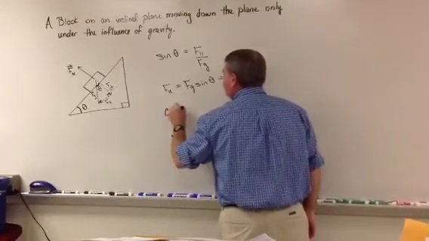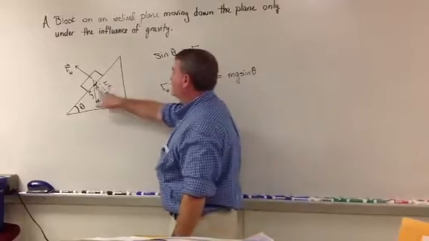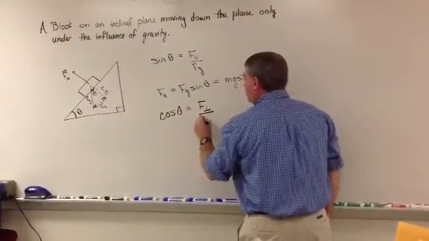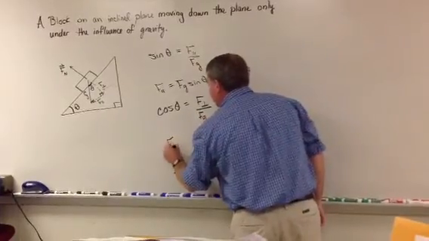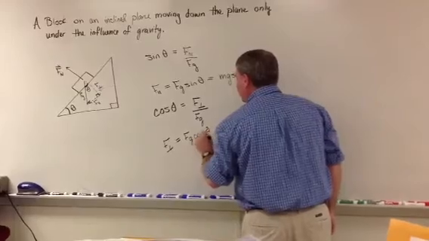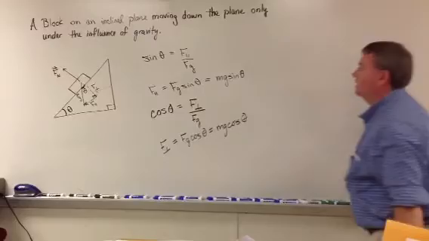Cosine theta is equal to adjacent over hypotenuse. The adjacent side is F perpendicular, so this is F perpendicular over FG. So F perpendicular is equal to FG cosine theta, which is mass times gravity times the cosine of theta.